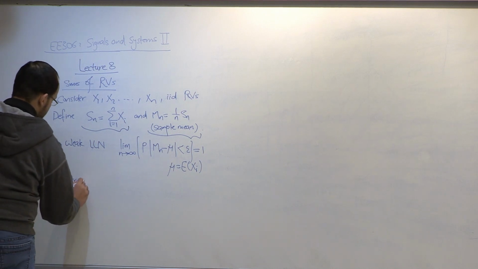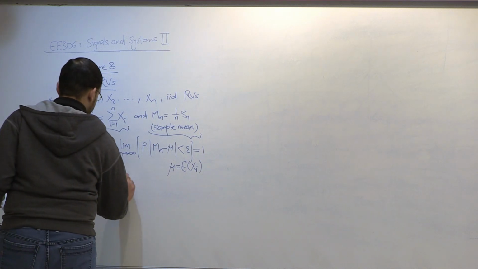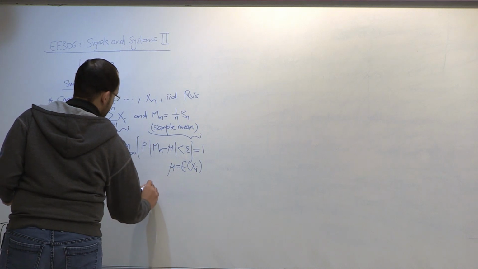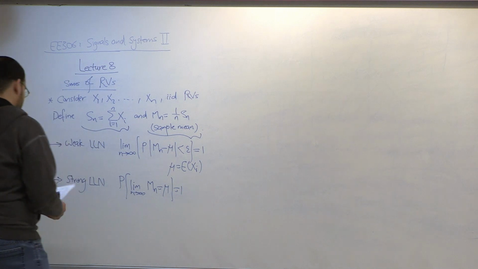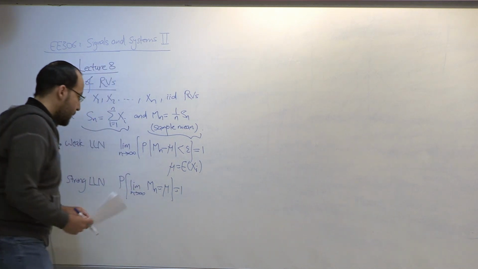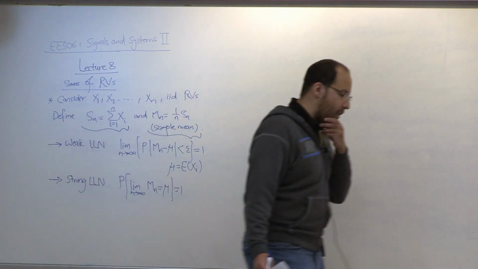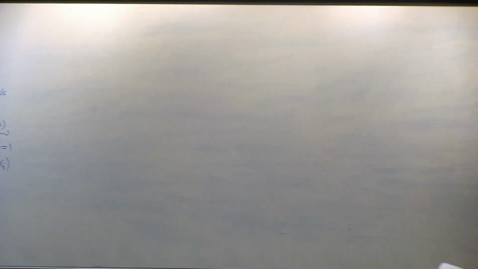The strong law of large numbers says that the probability of the limit as n goes to infinity of Mn equals mu is strictly 1. What are these two laws referring to? Let's think about it.